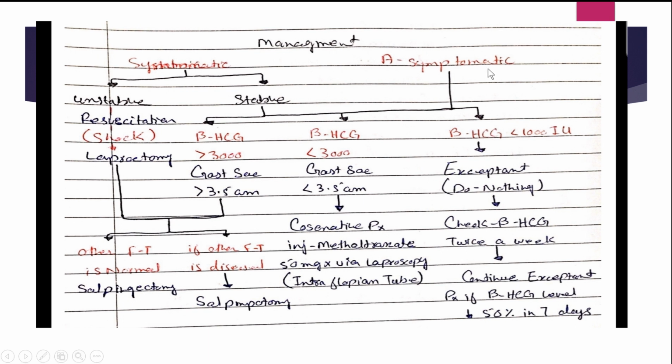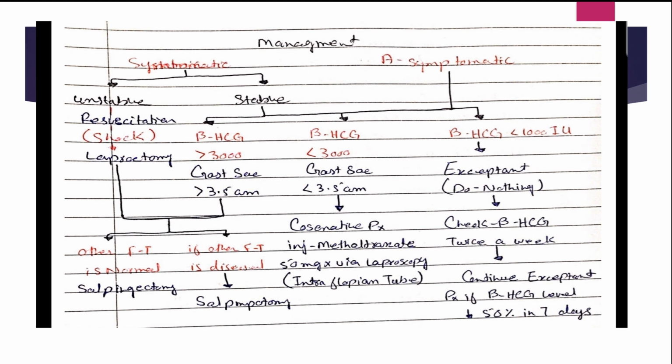Now, if the patient is asymptomatic and the beta HCG level is less than 1000 international units, now what will you do? You have to go for expectant treatment. What does it mean? It means that you have to do nothing. You just need to follow up the beta HCG level twice a week, and it is possible that the beta HCG level will decrease within 7 days. What does it mean?